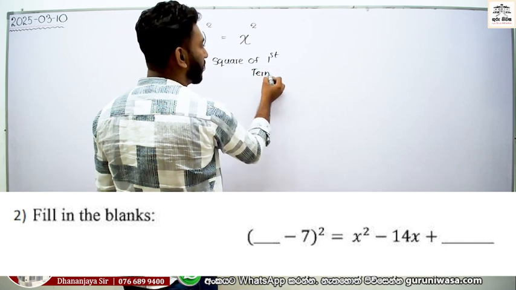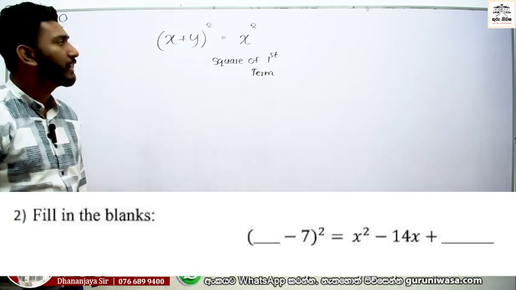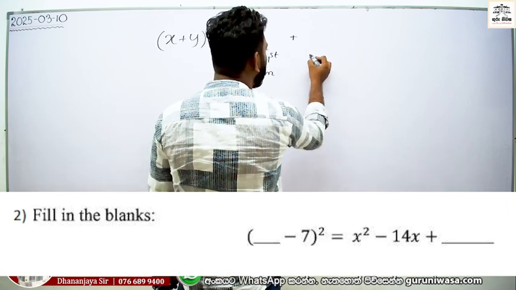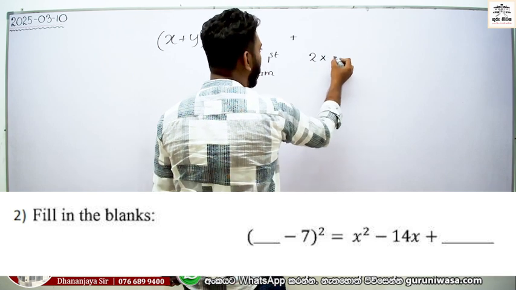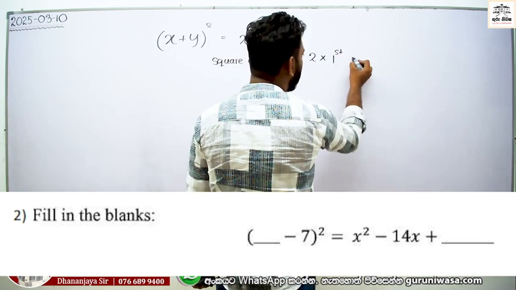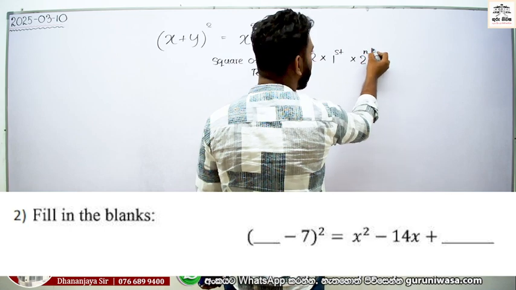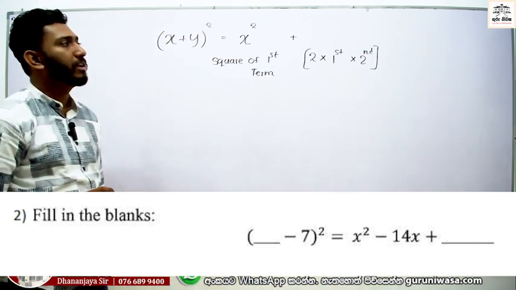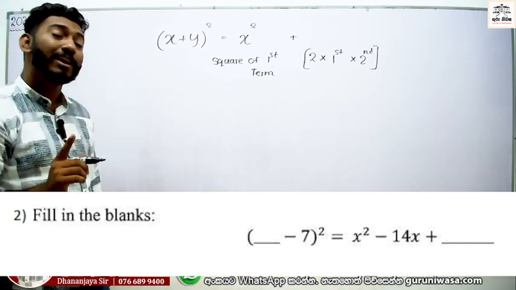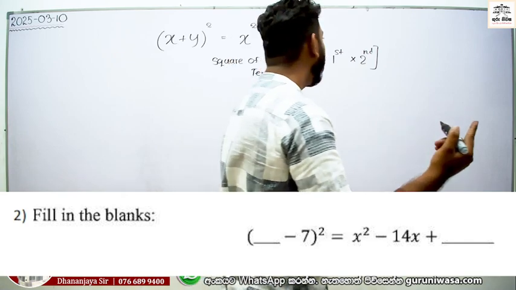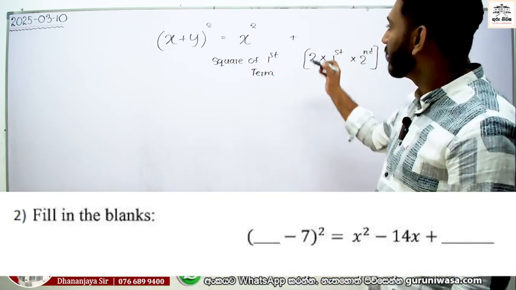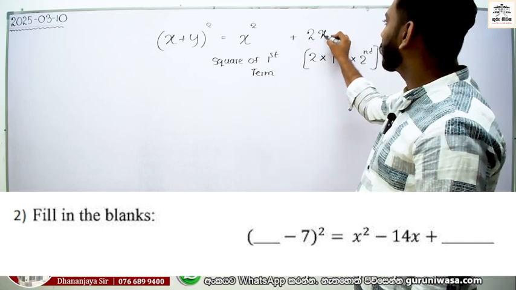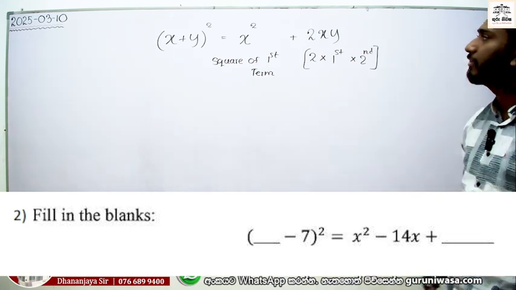Next, the middle one becomes 2 times the first term into the second term. And this is the scenario of the middle one. Now listen, 2 times x times y becomes 2xy. And this is the middle one.